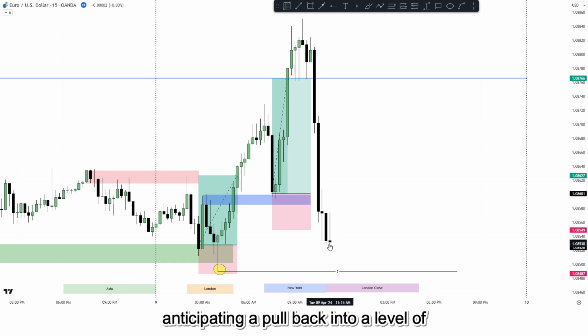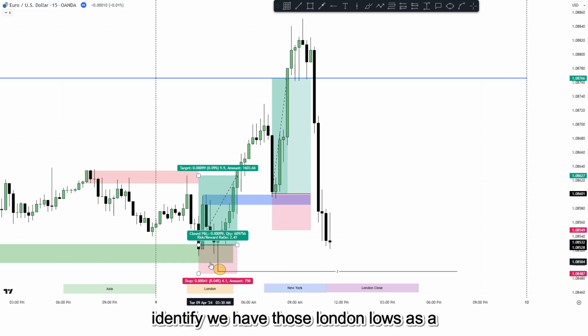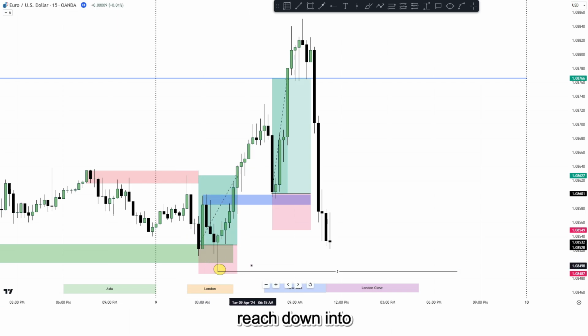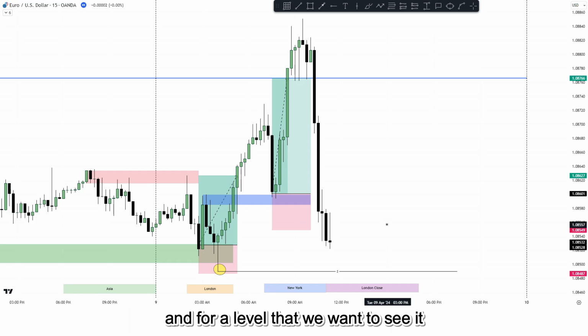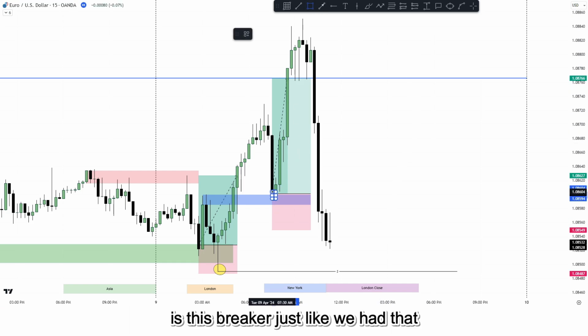Now we're anticipating a pullback into a level of resistance to then take out the opposing liquidity pool for this session. As we can identify, we have those London lows as a liquidity pool that we would most likely reach down into, and for a level that we want to see it retrace into is this bearish breaker.